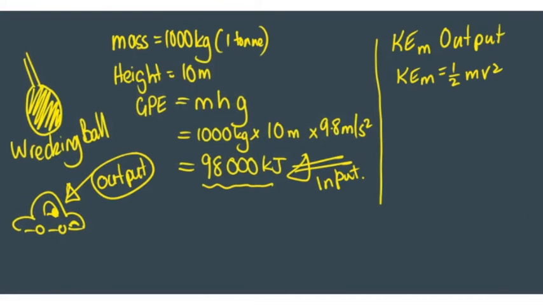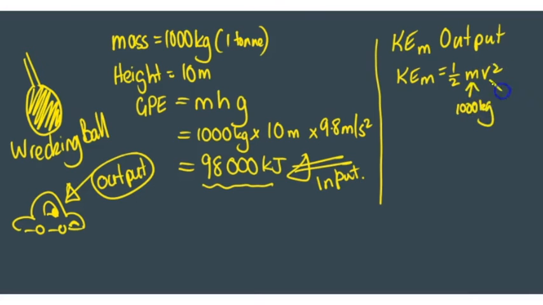Now we need to see how much kinetic energy is actually being released or outputted by this as it hits the car. To calculate the kinetic energy, we know that we need to know the mass and its velocity, or its speed, just before it hits the car. Mass is easy. That was 1,000 kilos.